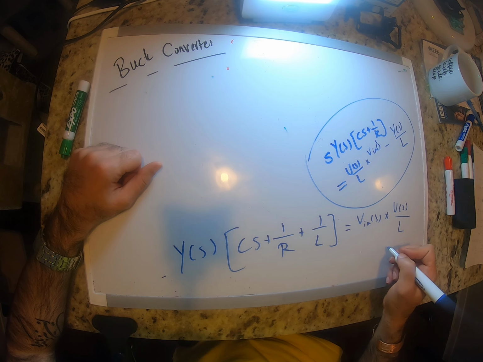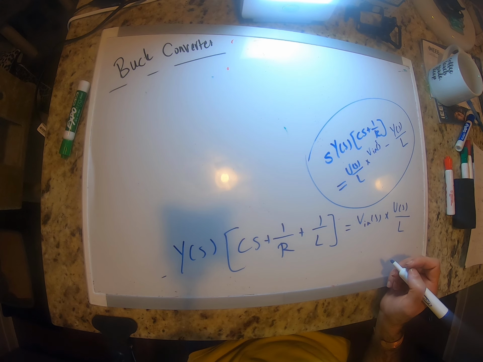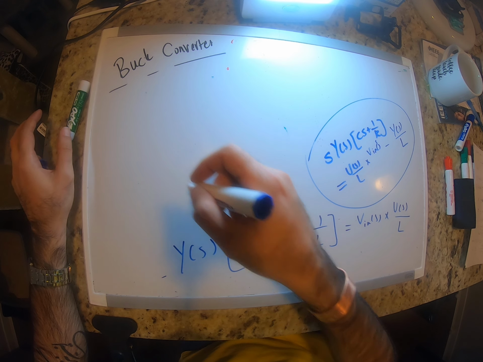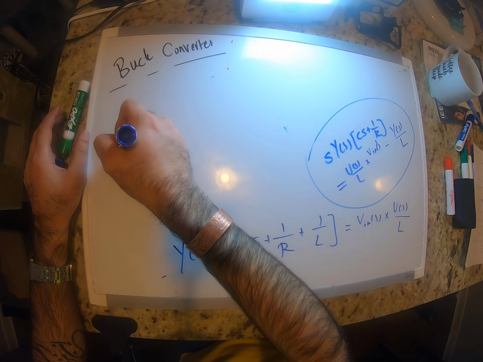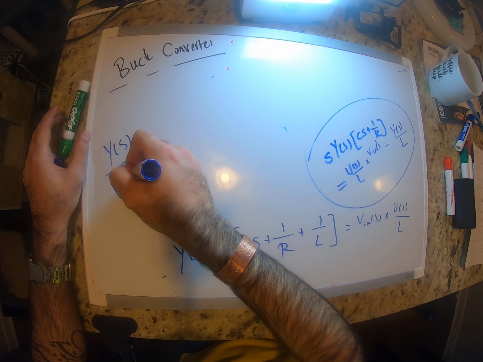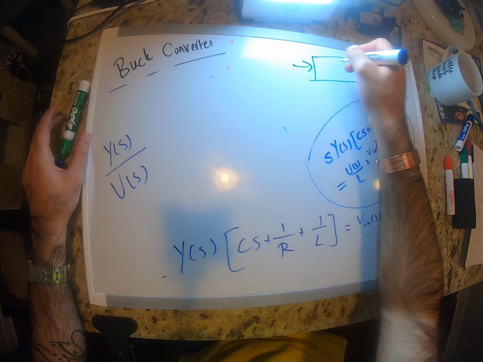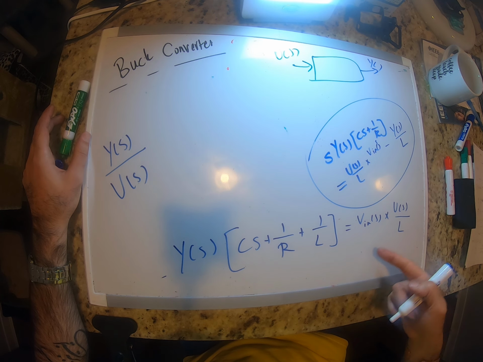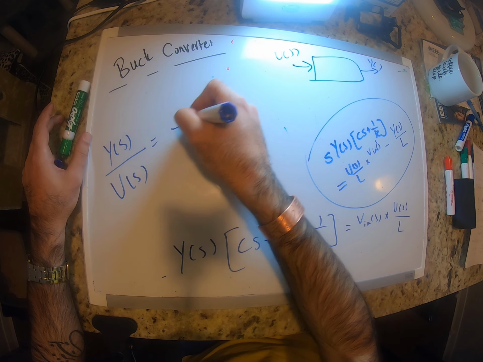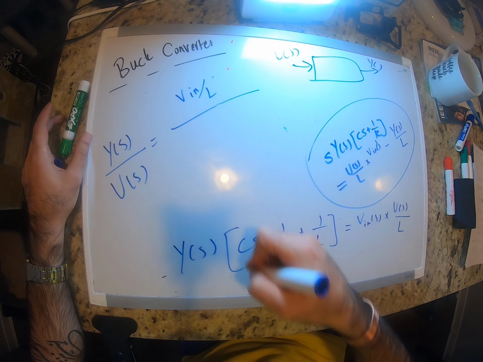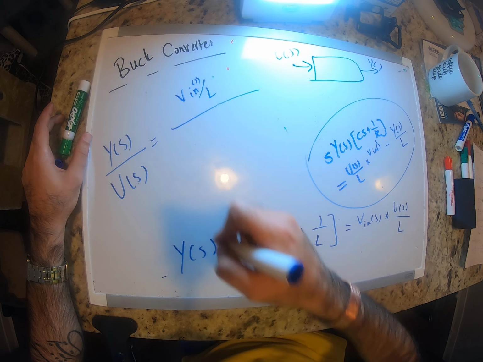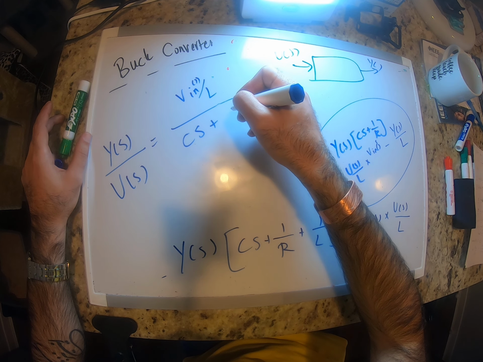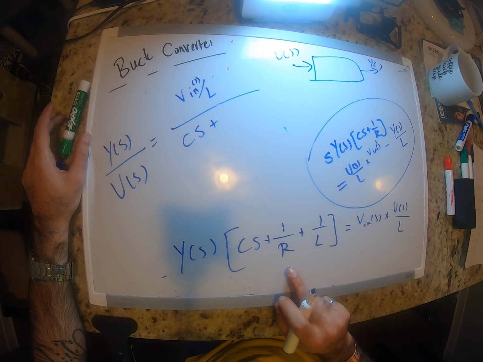Okay. If I wanted to find Y of S divided by U of S, because this is the transfer function, right? This is U of S, this is Y of S. We wanted to find this. So it's going to be V in of S over L, plus CS plus, I think I might have made a mistake here.